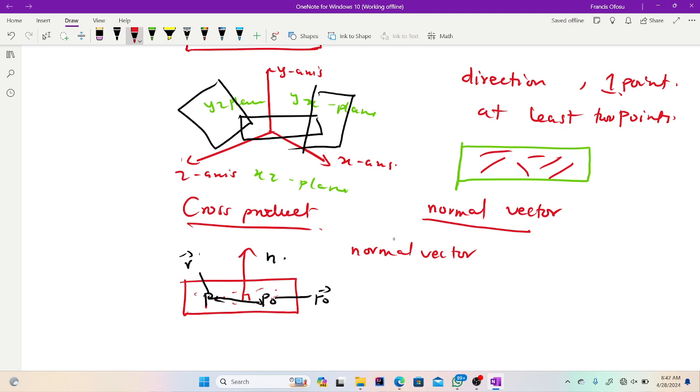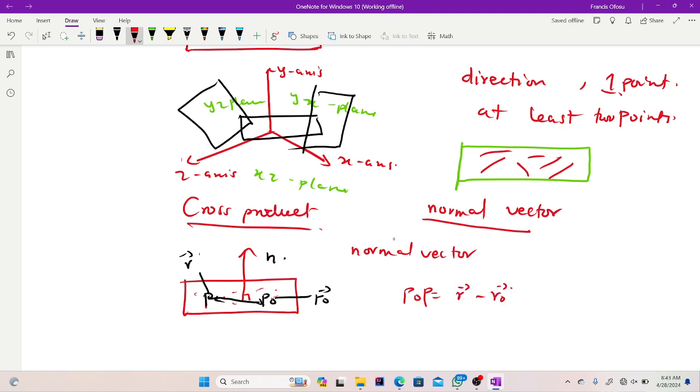Okay, so at this point I'll say that P naught P, for simplicity here, is the same as our P. The position vector of P is the same as what? Vector R minus vector R naught.